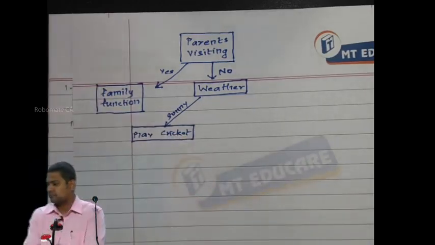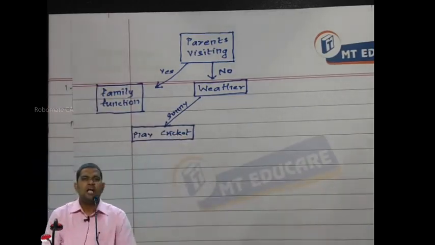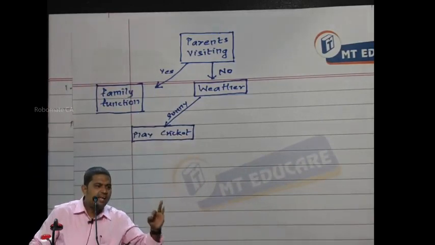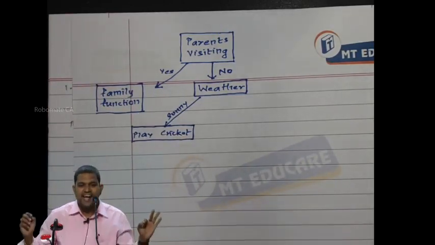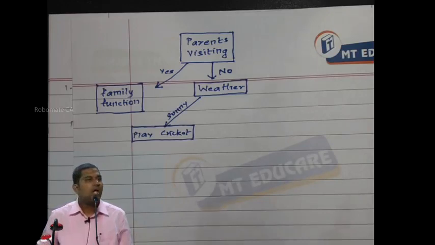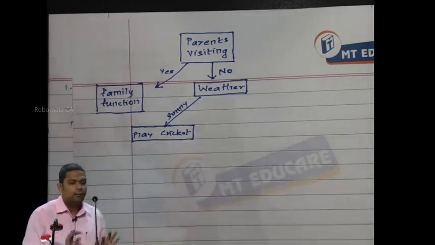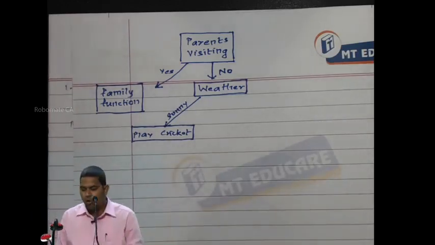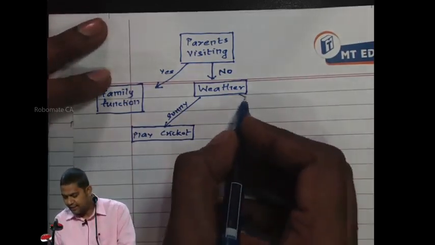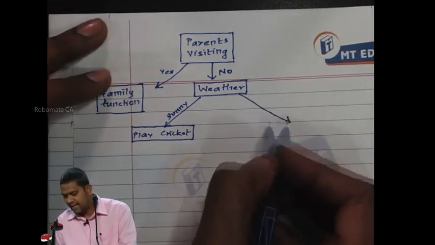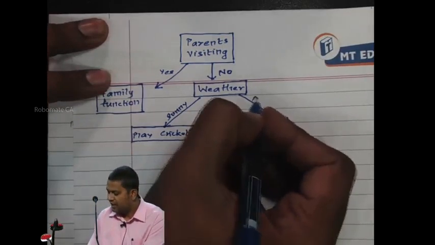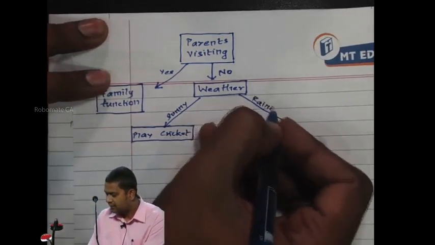Then it is raining out there like anything. It is raining cats and dogs, we say. There is no other option but to stay home. So this is the next possible condition that is happening, and I would say it is raining.